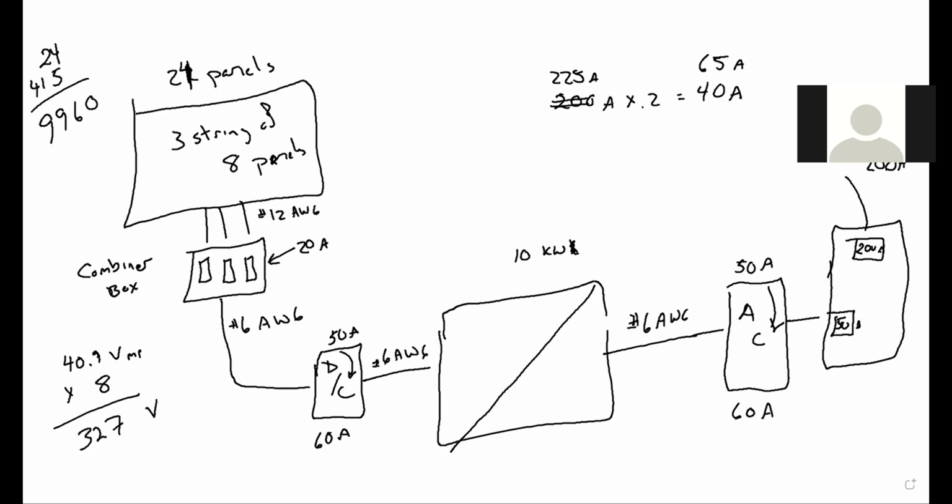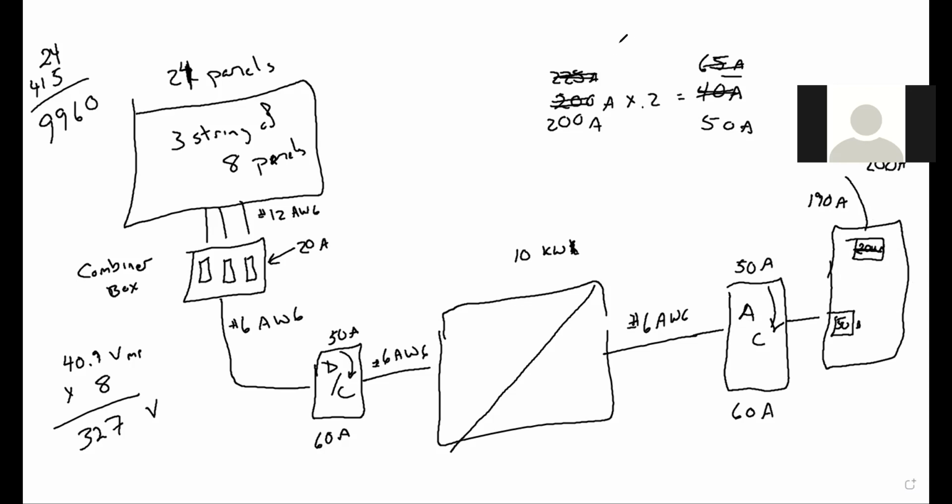Or another option, let's say it's the 200 amp service, instead of a 200 amp main breaker, you could put in like a 190 amp main breaker, and that would then allow us to go with a 50 amp connected breaker here. So those are some options, so that as long as from the grid and from the array, you do not exceed the 120% of the bus bar rating, then you can go ahead and install it.